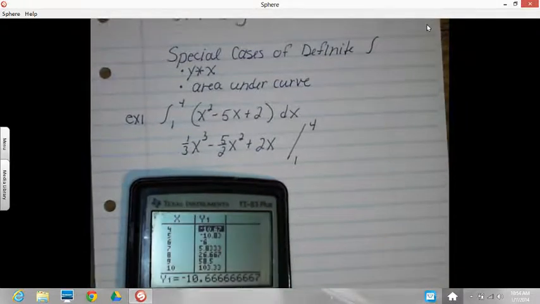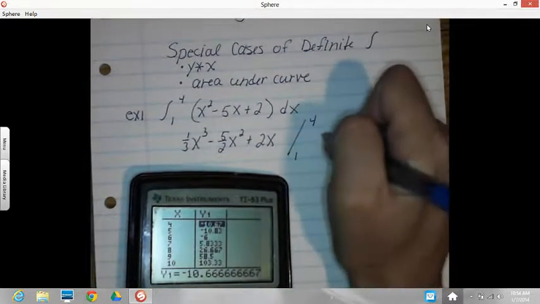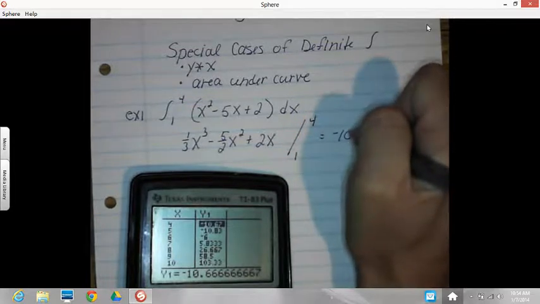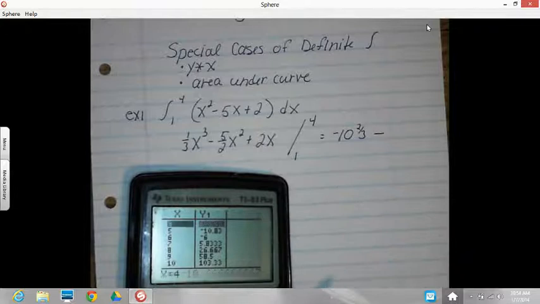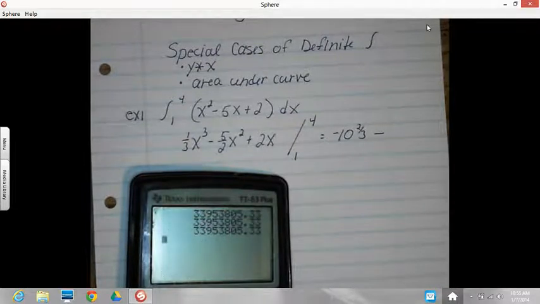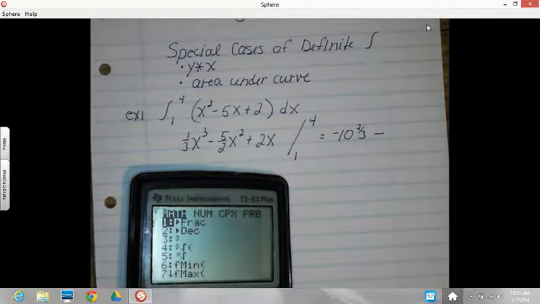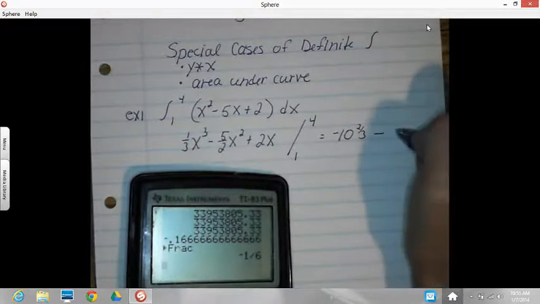If you look at the bottom, 0.6 repeating. So negative 10 2/3 minus, when I put the 1 in, I can scroll up to get that. Let's see, what fraction is that? Negative 0.1666. If you want the fraction for that, negative 0.166666, just fill the whole line up. Then go math frac, negative 1/6.